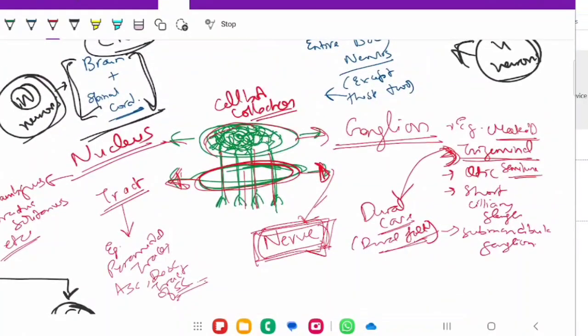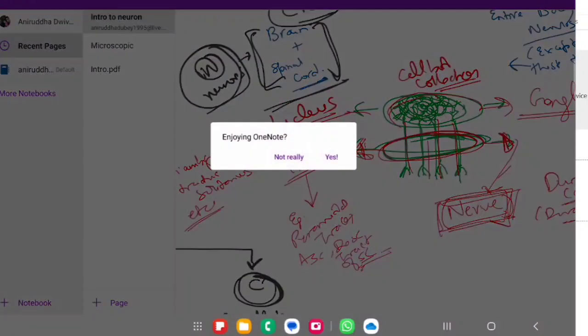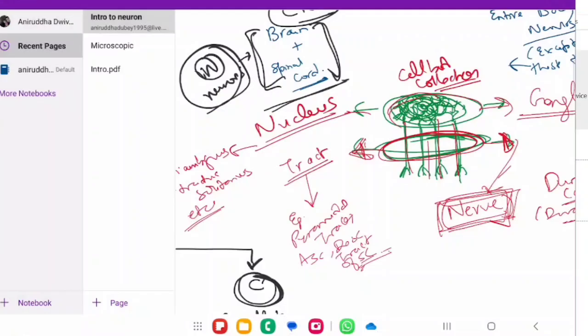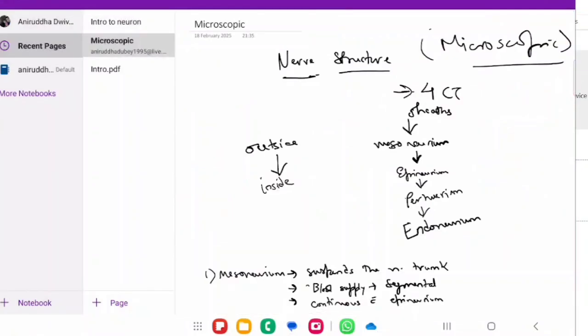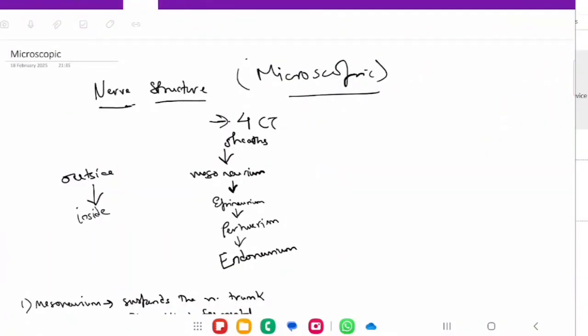Now we will move on to the next thing, that is the microscopic structure. Now in a microscopic structure we need to understand a few basic things. If you look at a nerve, I don't know if this will allow me to draw properly, but we'll see.